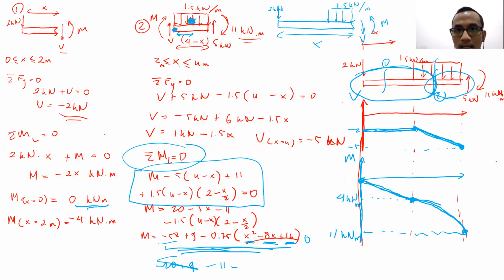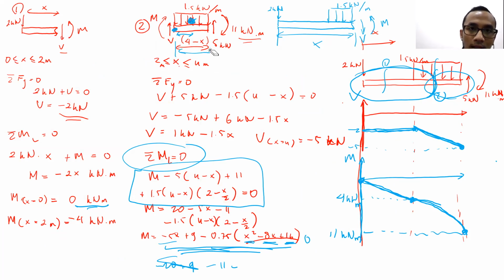Correct, Pak. So this particular distance is x. Now, if that one is x, how about this one then? This particular distance? It's 4 minus x. Yeah, 4 minus x, right?